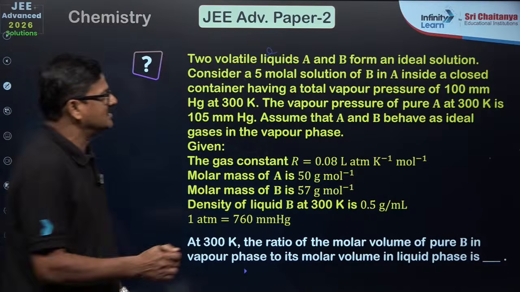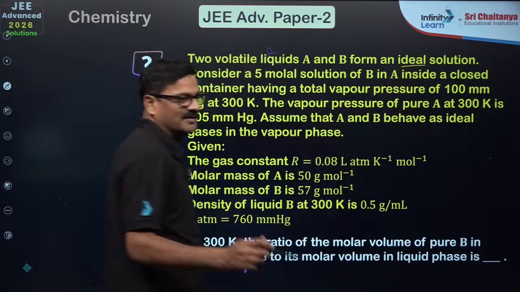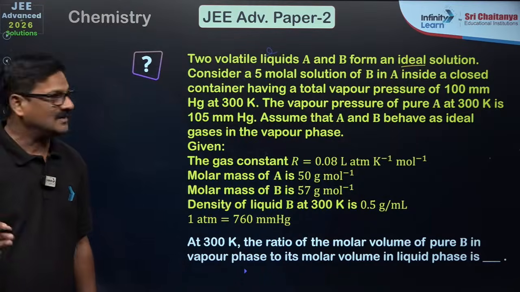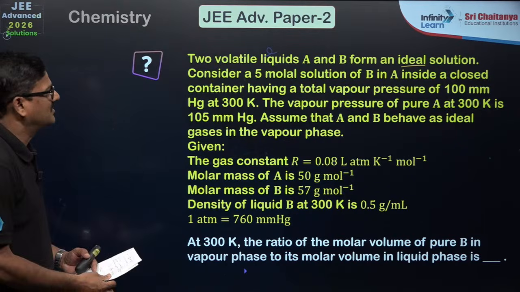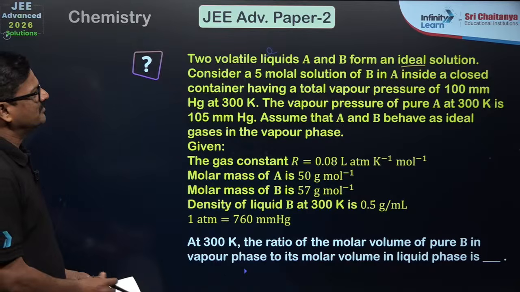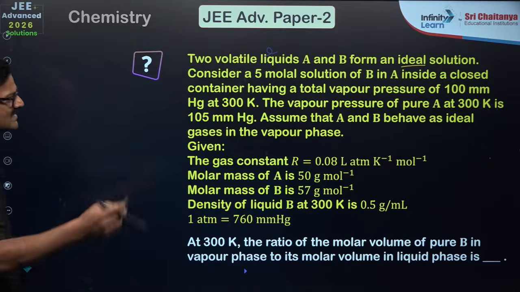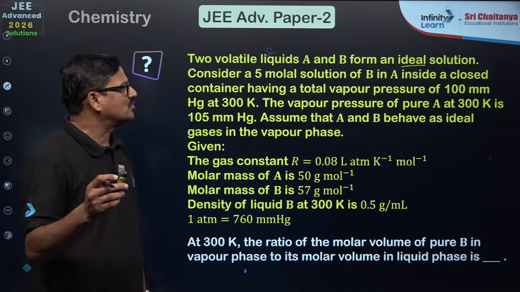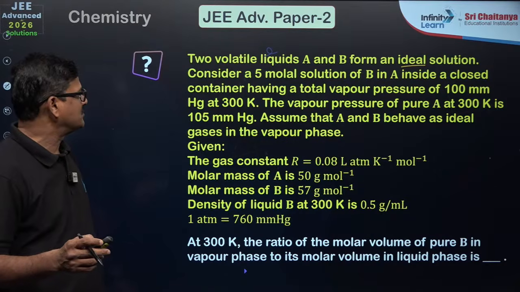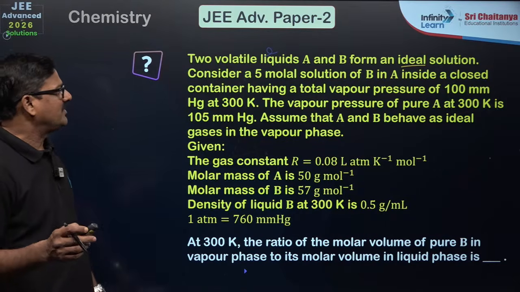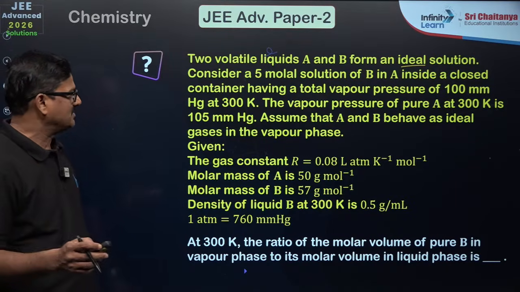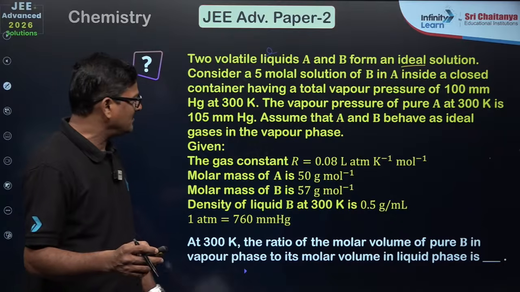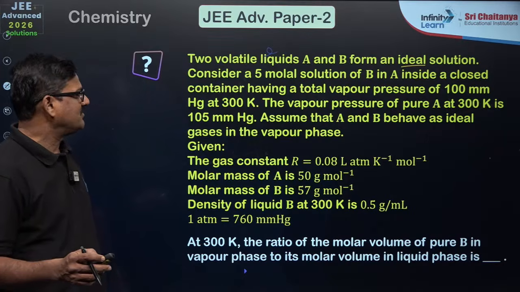Once it is given as an ideal solution, you have the liberty to apply Raoult's law. Consider a 5 mole solution of B in A inside a closed container having a total vapor pressure of 100 mmHg at 300 Kelvin. The vapor pressure of pure A at 300 Kelvin is 105 mmHg. Assume that A and B behave as ideal gases in the vapor phase.